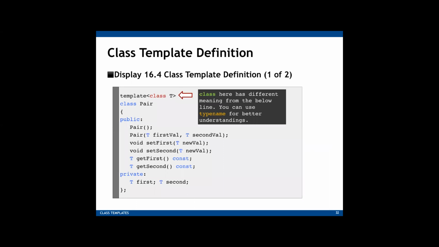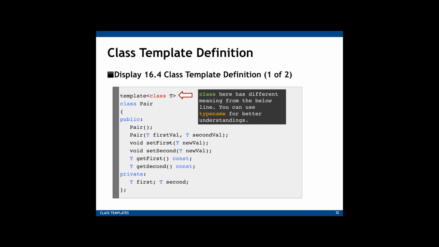Let's look at the concrete example of class templates first. As we talked about in the previous slides, the template class starts with this line, the template class T syntax. Here we are defining the class name Pair, and as you can see here, we replace type with type parameter T. So we put type parameter T here, here, here, and even here.